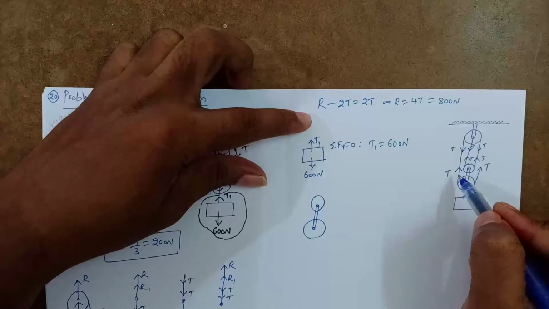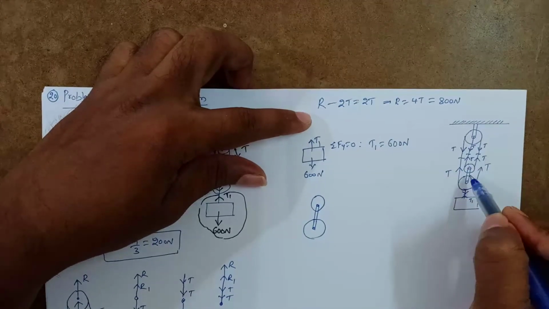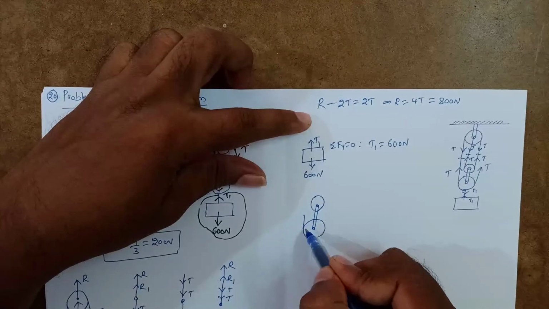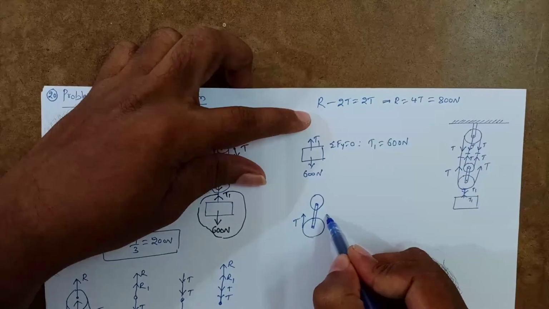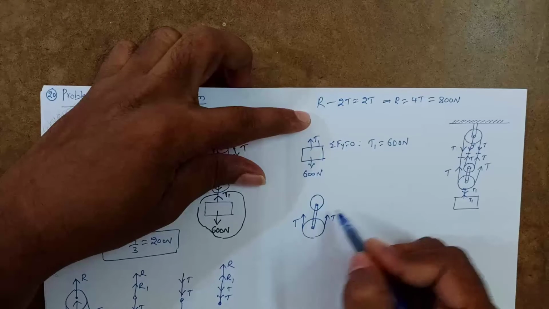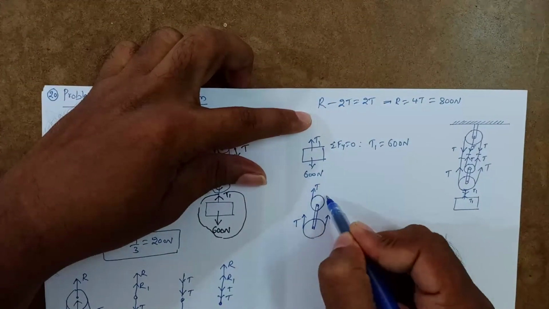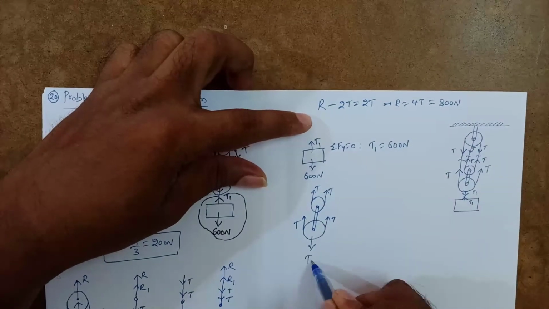Here now you can cut like this, here, here, and then this portion is T, so show this T here. Same, show this T, the tension in this cable, and for this one again T, and here T, and here we have T1.